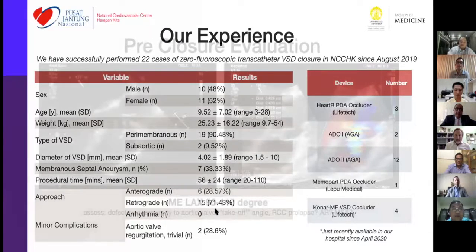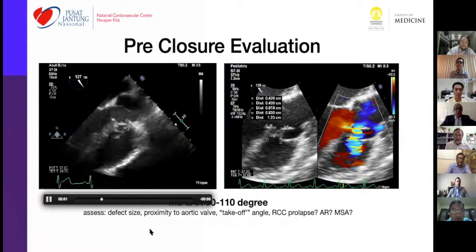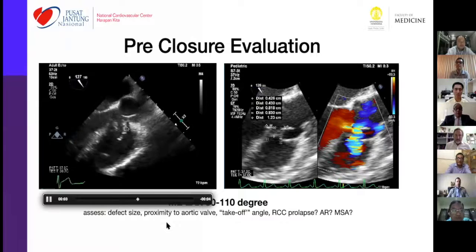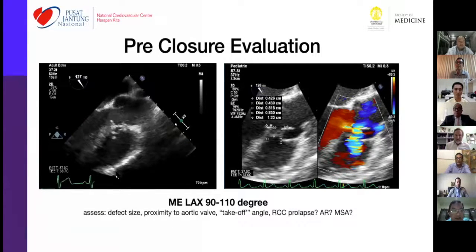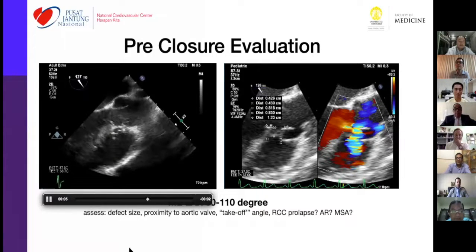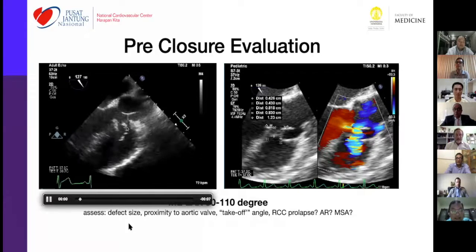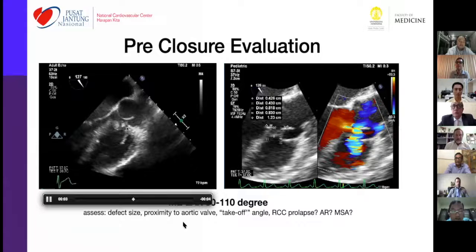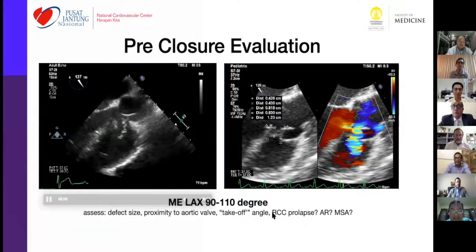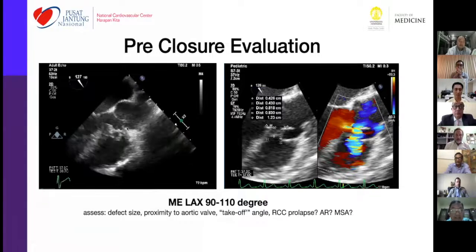So this is how to do the zero fluoroscopy. We did it with transesophageal echo. We assess from the long axis the defect size, the distance from the aortic valve, the takeoff angle, and whether there is any RCC prolapse, any AR, or MSA.